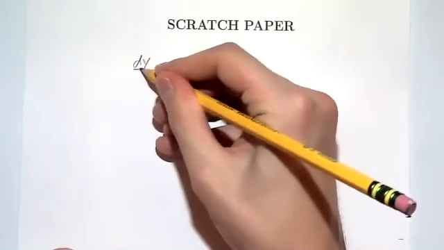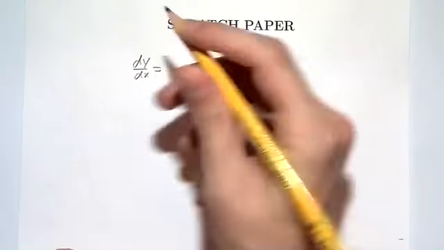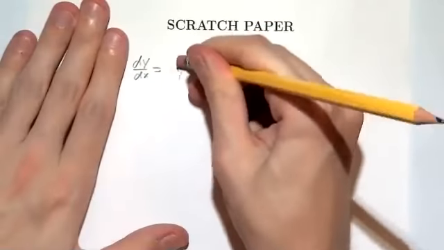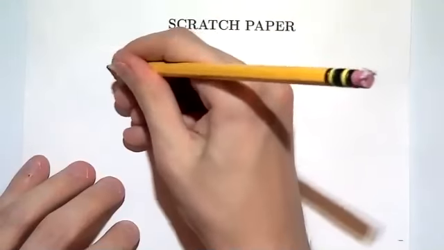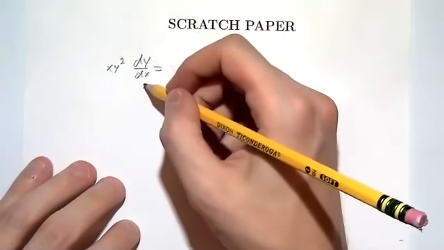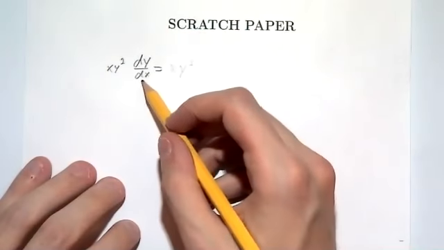Here's another one. Doesn't seem particularly nasty, but it's another one. I'm going to assume that it's dy/dx equal to something. x y squared y prime equals x plus 9. So x y squared y prime, okay. You can rewrite y prime as dy/dx. That's going to be my one tip to you guys.